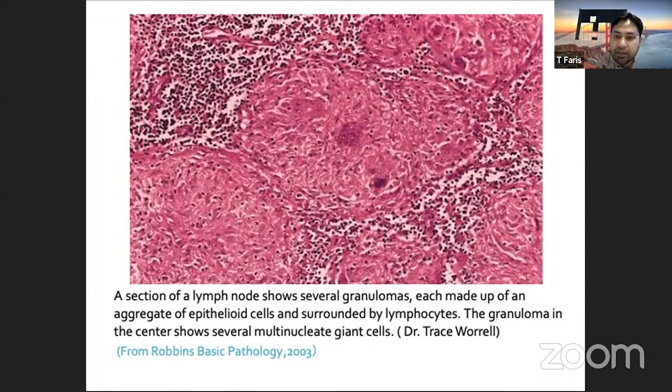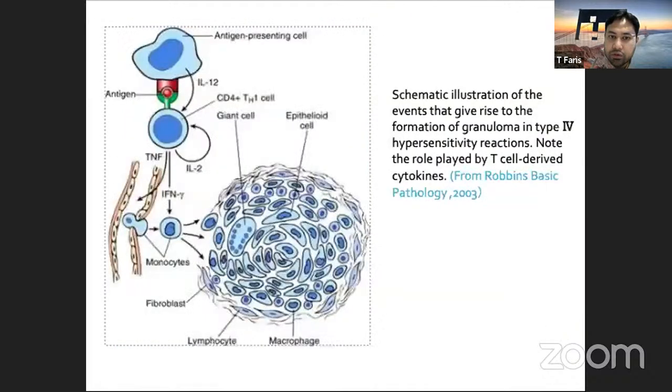You can see this is the granuloma, and on the outer surface you can see lots of epithelial cells here, and lots of lymphocytes start to infiltrate into this granuloma. So it means that your body has a special mechanism. They always have a unique way to tackle the invading pathogen.